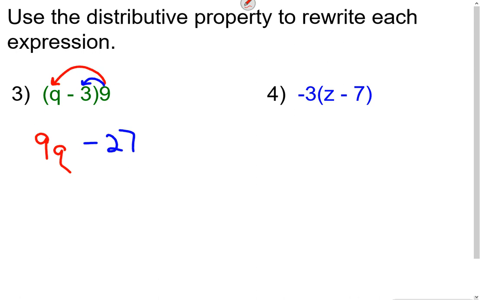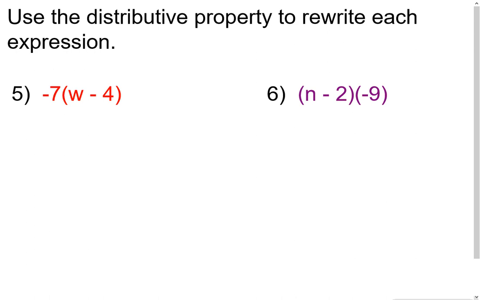This one, same approach. Now I'm going to take the negative 3 and multiply it by the z, and I'll get negative 3z. And then I'm going to take the negative 3 and multiply it by, again, I'm going to think of that as a negative 7, and a negative 3 times a negative 7 is a positive 21. So I've used the distributive property to rewrite that expression.